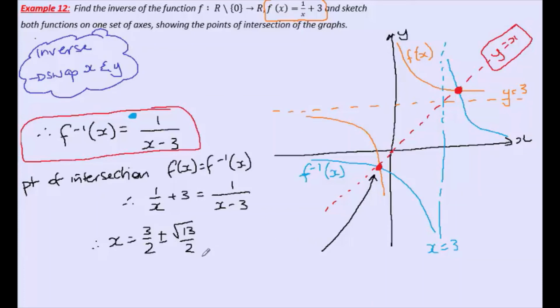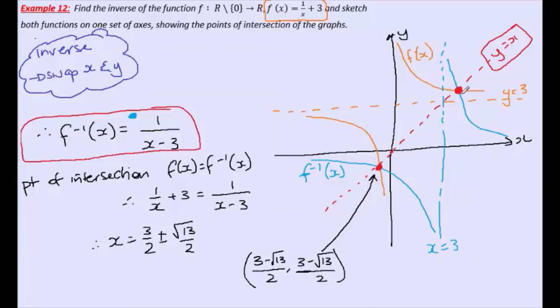My x coordinate and my y coordinate are the same because they're on this line, and y must equal x. So I don't have to do any more calculations to work out what my coordinates are. I know this one is 3 minus root 13 over 2, and therefore my y is going to be exactly the same. I need to make sure that's long enough.